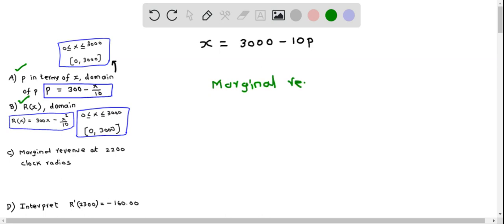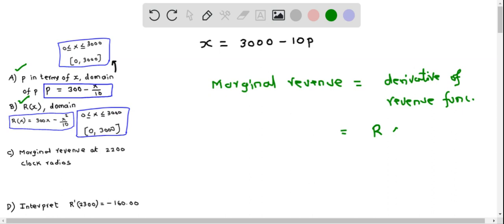So we have the revenue function R of x, and its derivative we write as R prime of x. So let's determine R prime of x, which is the marginal revenue.